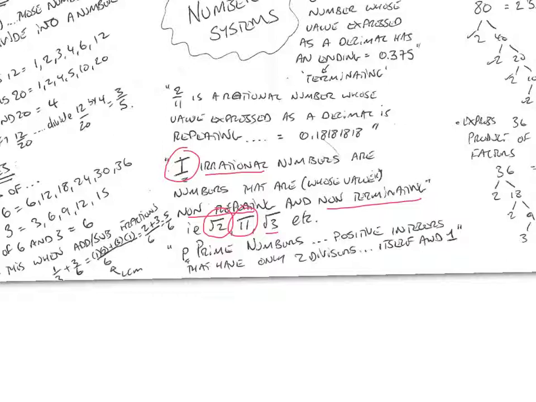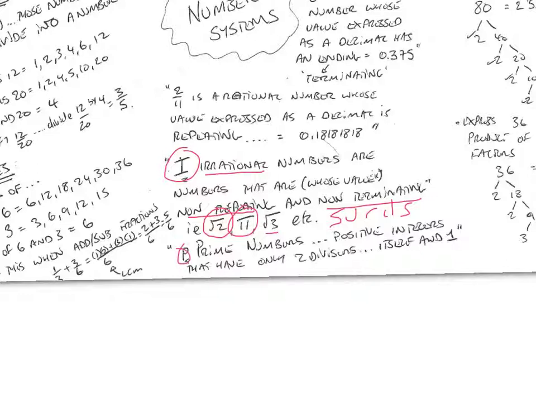You might recall that root 2 and root 3 are also known as surds, and you'll meet surds in another chapter. We're just defining the different types of numbers here, and so we'll move on then.